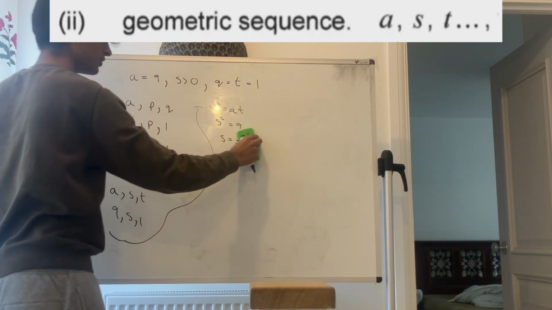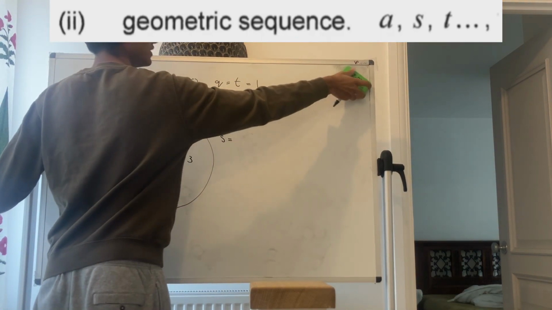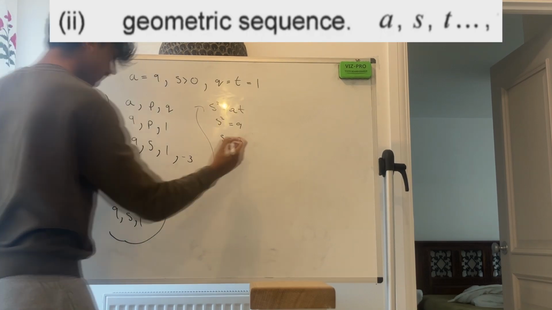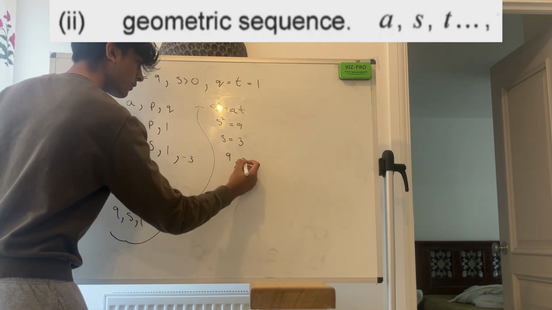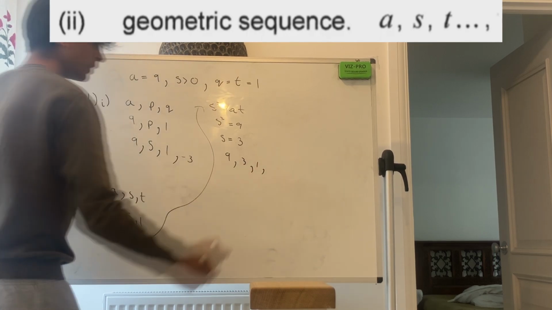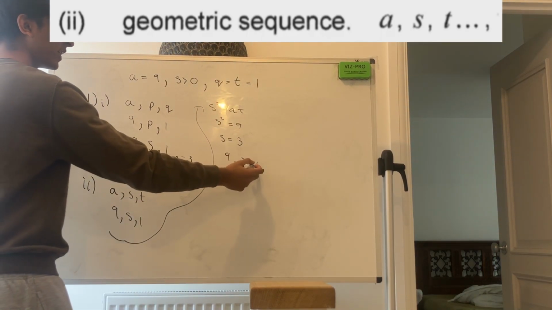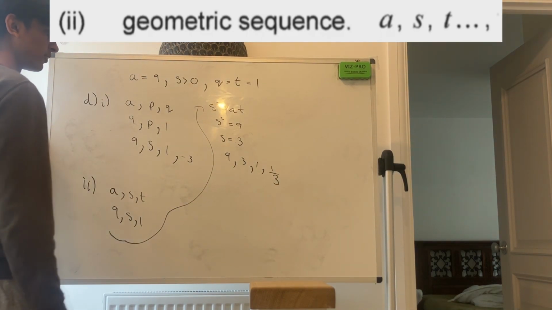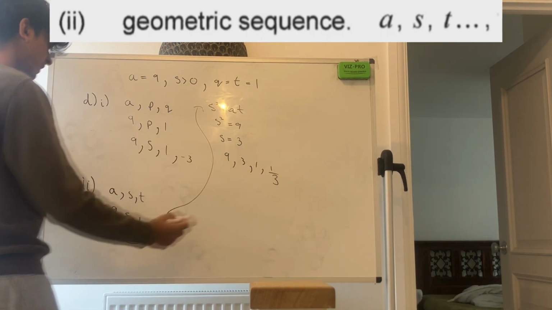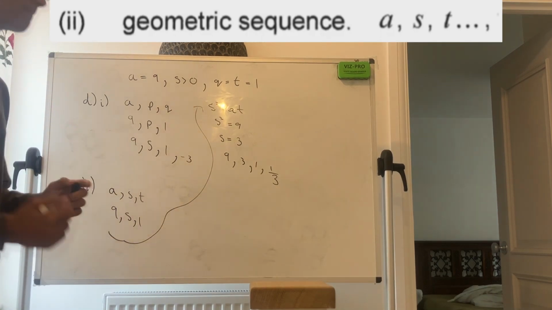So s is only 3, and we're going 9, 3, 1. We're dividing by 3 here, and here, so we divide once again to give us 1 over 3. So these are the first 4 terms of the geometric and the first 4 terms of the arithmetic.